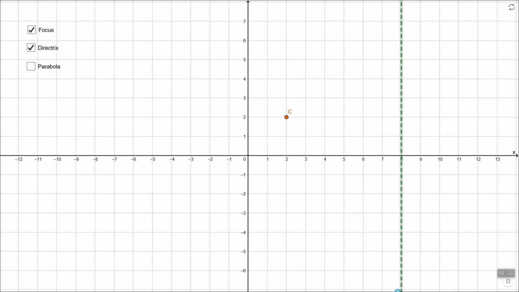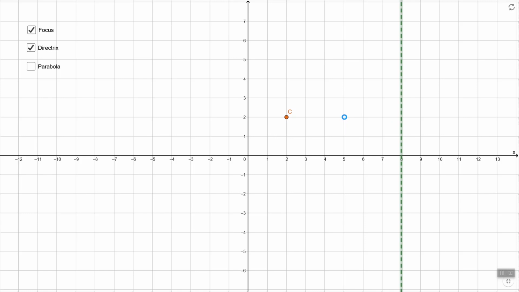Now, where should the parabola be? Look, the distance between the focus and the directrix is 6 squares. The vertex should be here, where the circle is, because the vertex should be exactly in the middle between the focus and the directrix.